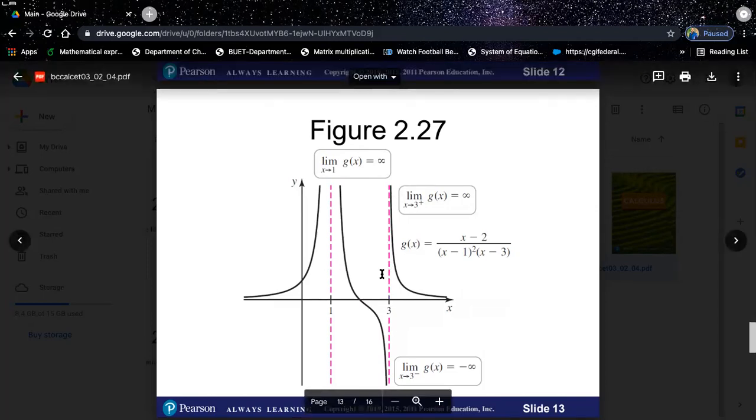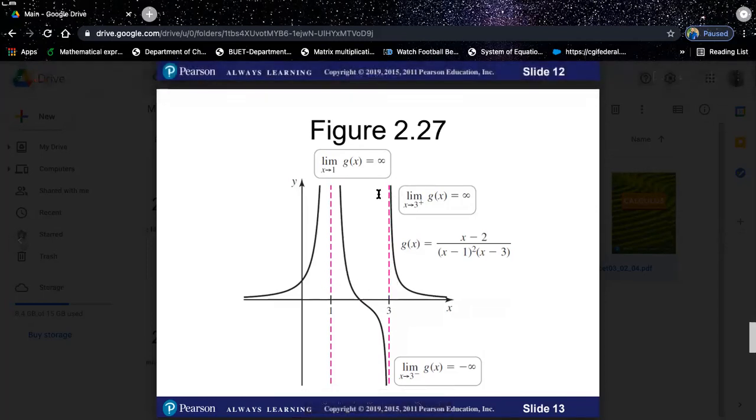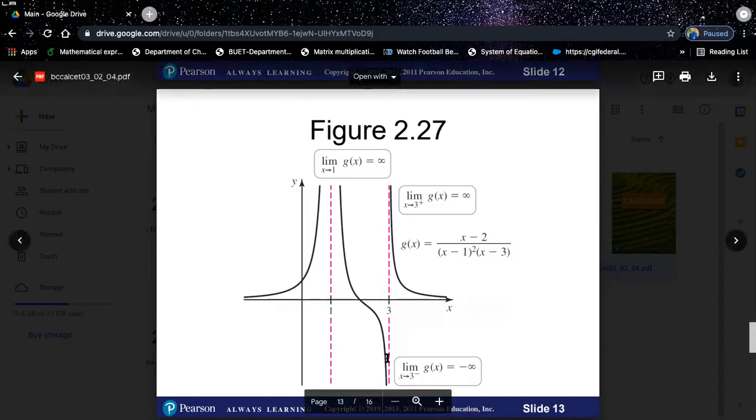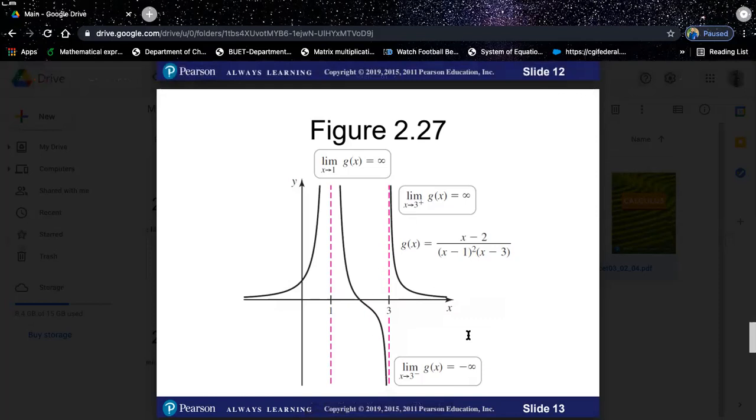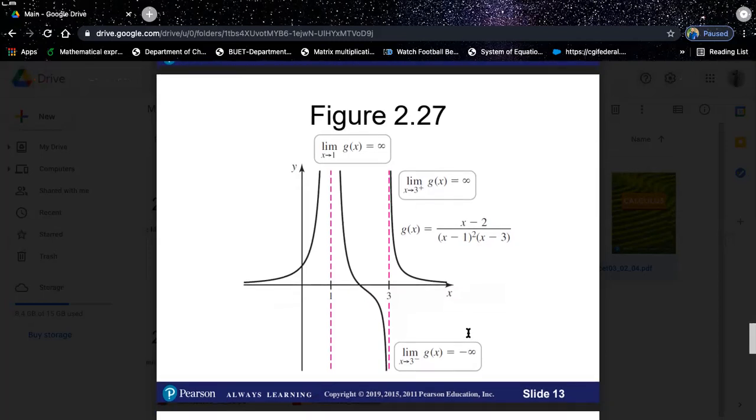So the dashed lines are drawn after we have seen that it's satisfying the requirements of the asymptote. It's not there straight away when you draw the graph. You can do that by hand, the hand calculation won't be that difficult. Okay, any question from this?